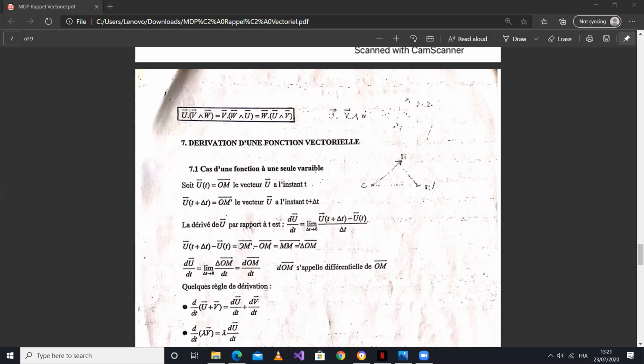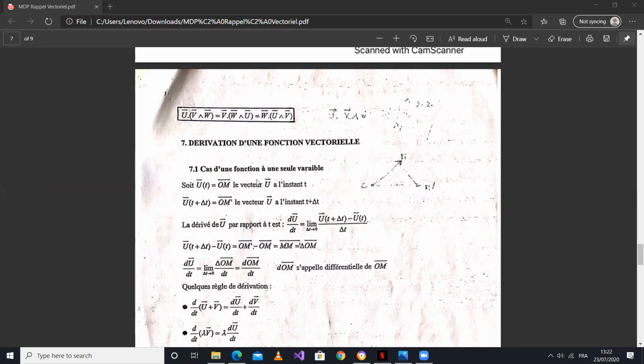You have one vector at one point, then the vector moves in time from one point to another, spending delta t as the time to move from that point to the other. Now you have to calculate the rate of change of the position or the displacement from that initial point to that final point. It's the same ordinary differentiation that you know.